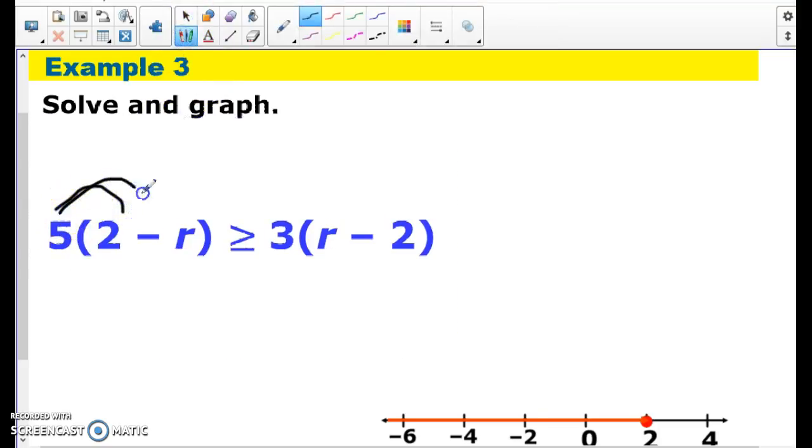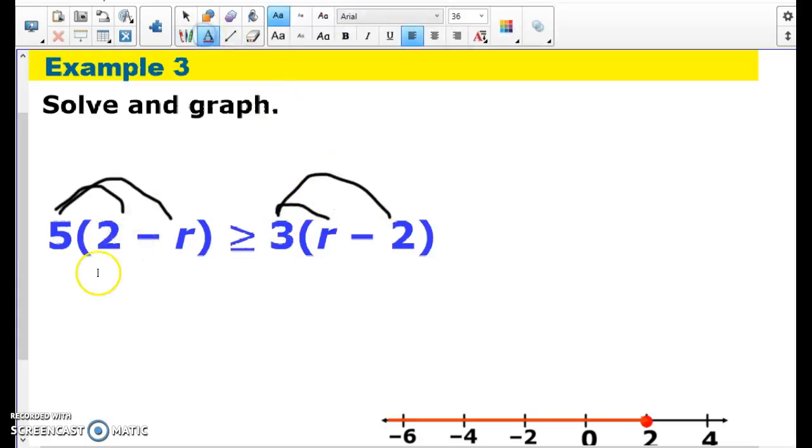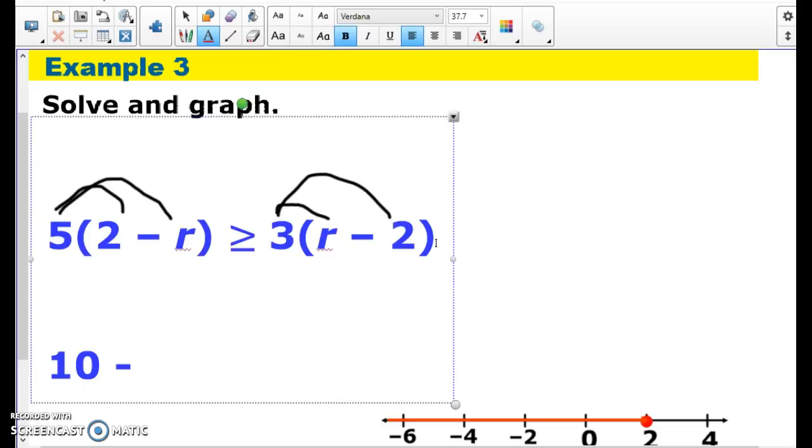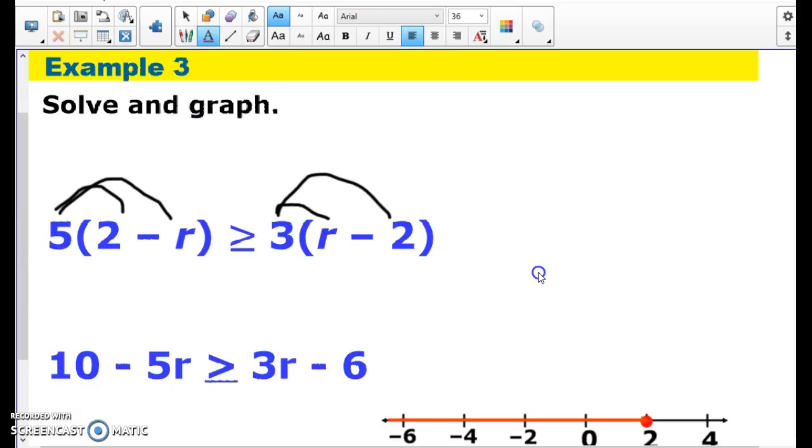So 5 times 2, 5 times negative r. 3 times r, 3 times negative 2. So after I distribute, I'm just going to rewrite this down here. So 10 minus 5r is greater than or equal to 3r minus 6. Okay, so just distributing there, 5 and 2 is 10, 5r.